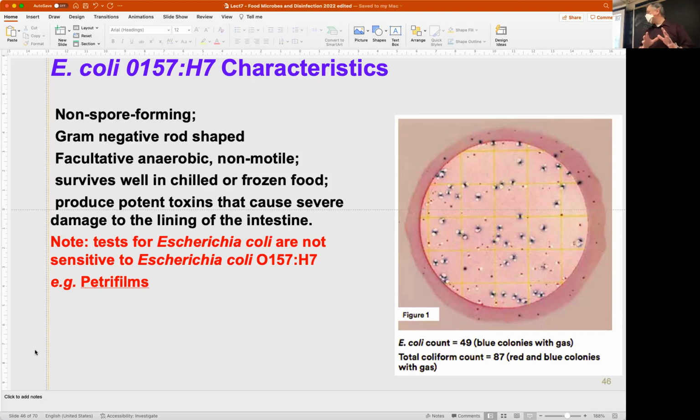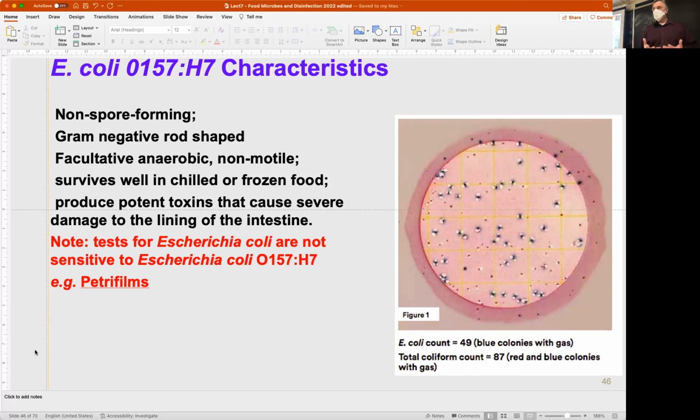I have a picture here of what's called a Petrifilm. Here you can see blue colonies, and they have a little bubble around them. That would be your E. coli. If you had some fecal material and tested it for bacteria that live there, those are referred to as coliforms.